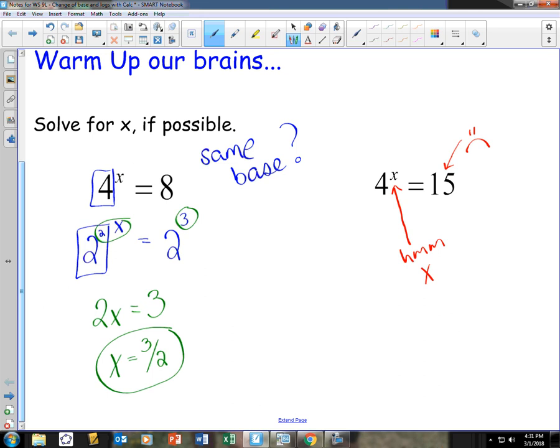So x has to be less than 2, but greater than 1. Okay, I can at least start to estimate that. But to get the exact value, I'm going to end up needing to use logs. All right, that's one of our goals for today.